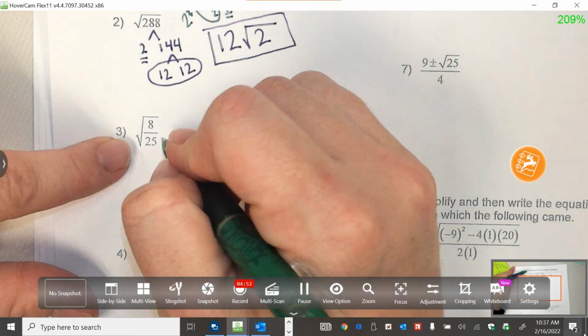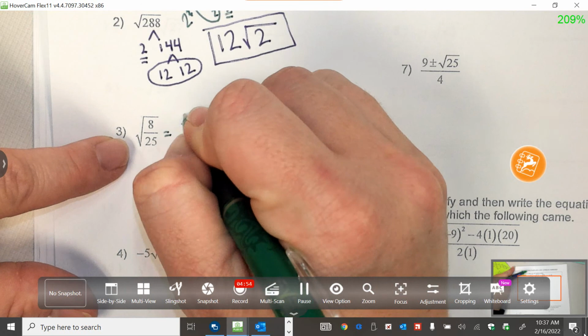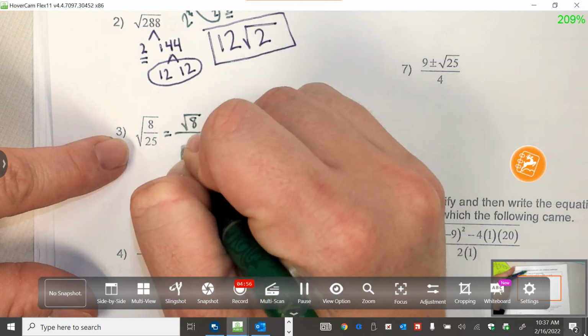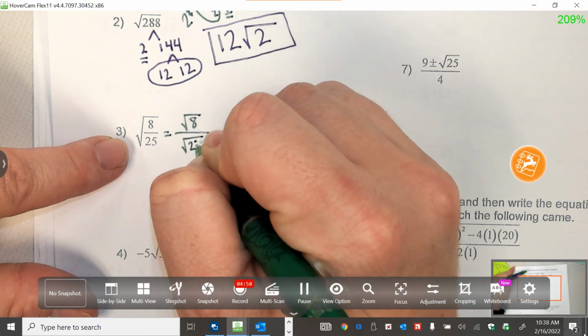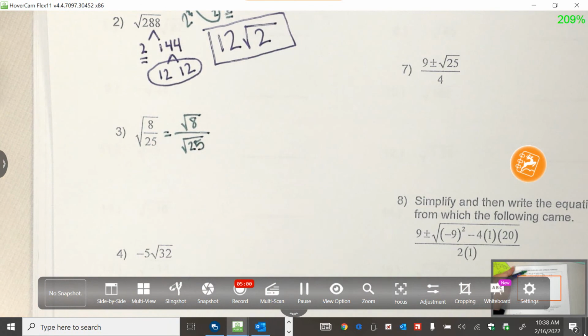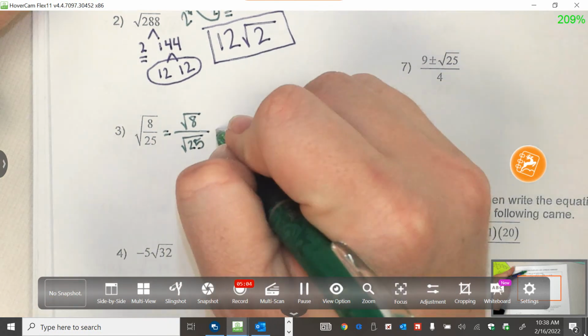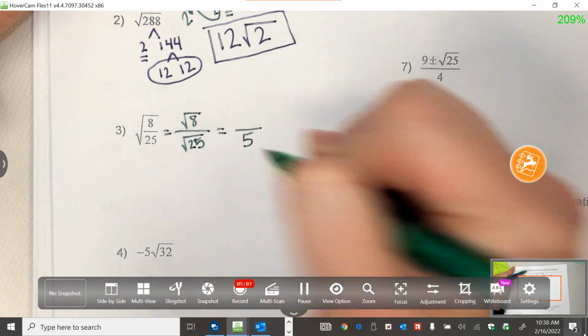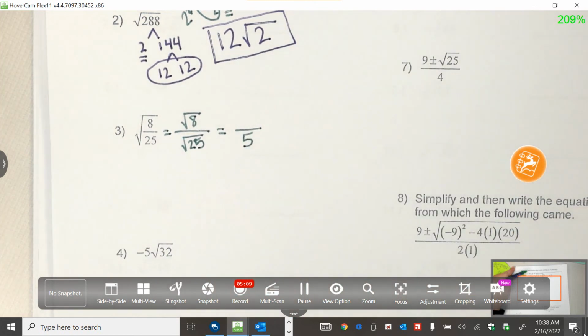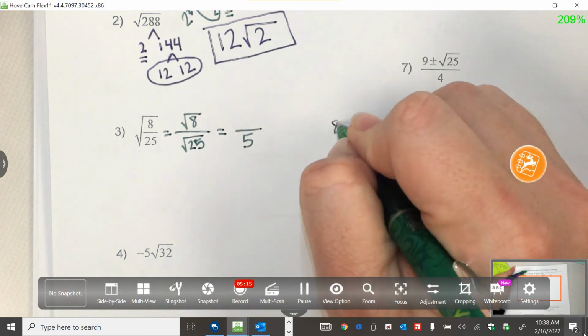So here, I want you to know that with the rules of radicals, when it's a fraction, you can separate the numerator and the denominator. Are one of those perfect squares? 25. Yeah, so what's the square root of 25? 5. What about the top? Is it a perfect square? No. So we're going to do our factor tree.